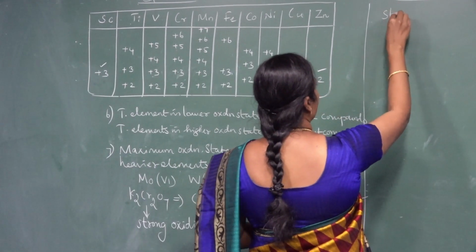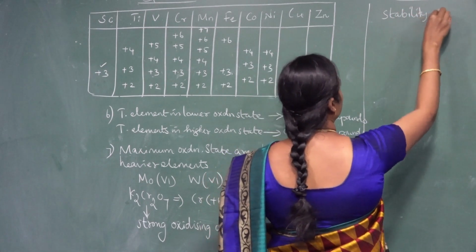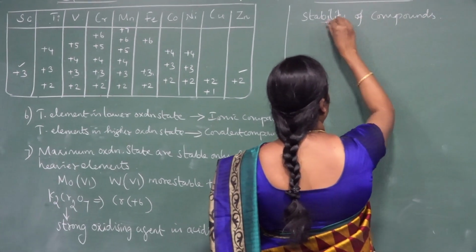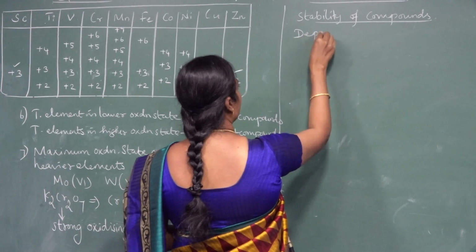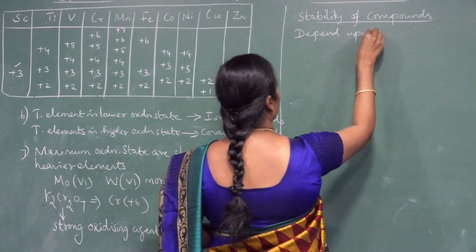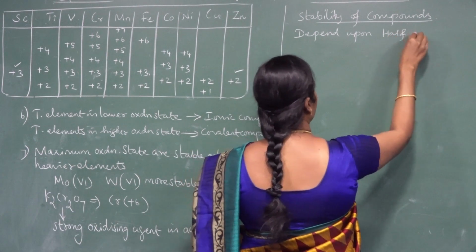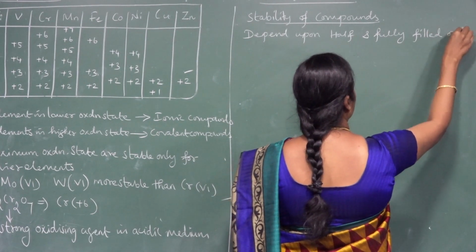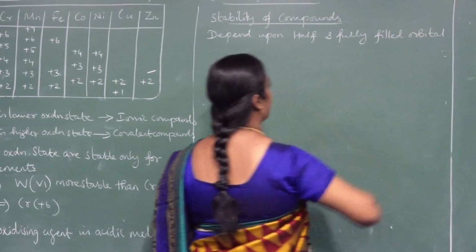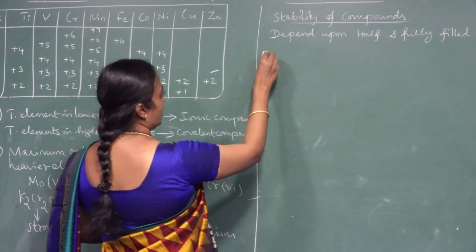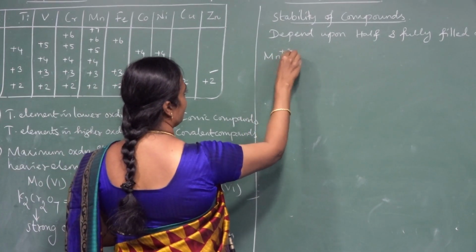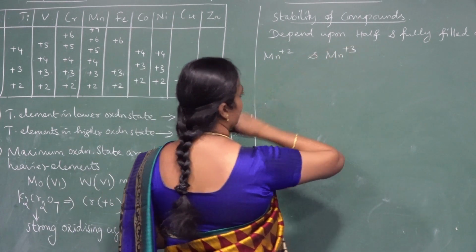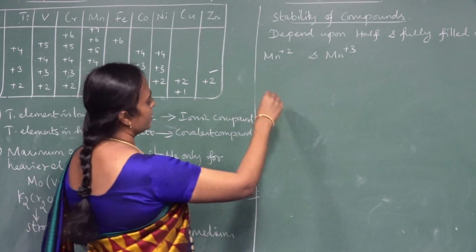The stability of the compounds depends first upon half and fully filled orbitals. Okay, I will give an example. If I take manganese in the +2 oxidation state, and manganese in the +3 oxidation state, let me explain Mn+2 and Mn+3.